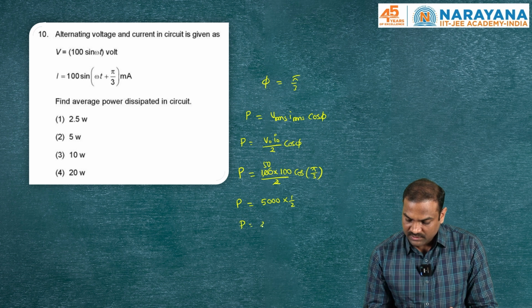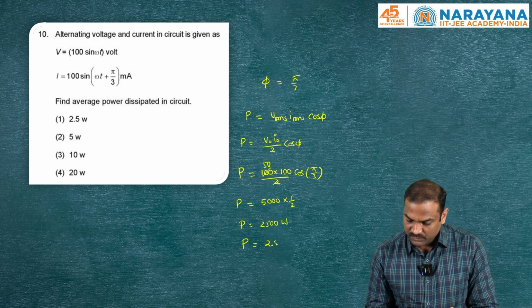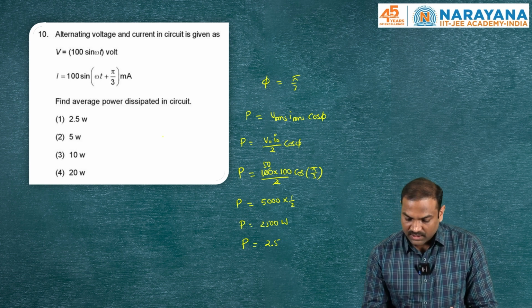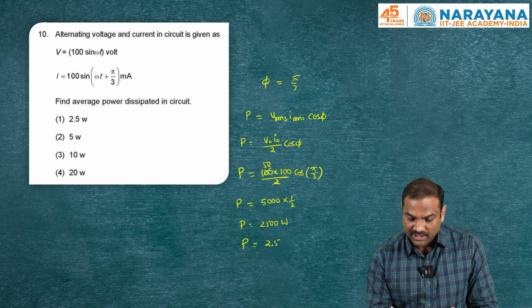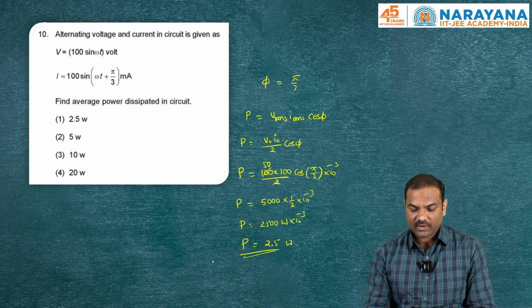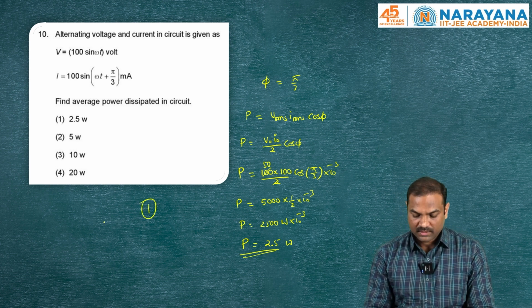So then power value is equal to 2500 watt. Actually here we missed one term, that is milliamperes is there, current is in milli, so it should be into 10 power minus 3. So then it is not 2500 watt, it is simply 2.5 watt. Okay, so then the required answer will be 1.